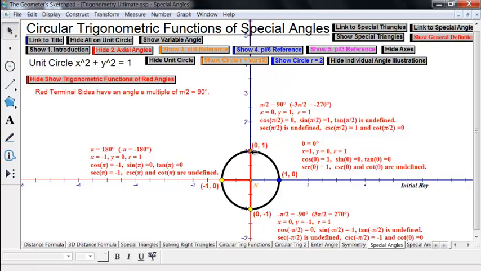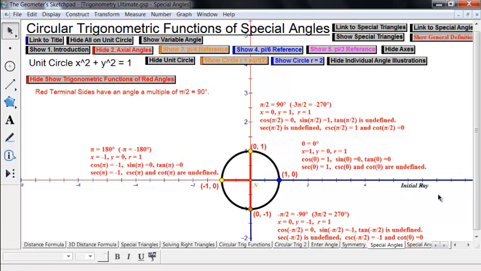On the other hand, if it's pointing straight up or straight down, in other words, on the y-axis for the terminal side, either direction, then we notice the x is 0, which is going to make cosine 0, and that's going to make the secant undefined and the tangent undefined, but the cotangent 0. And that's going to be true down here too. If it's pointing straight down, same thing. Cosine is 0 because x is 0, which makes secant undefined and tangent undefined, and the cotangent 0.